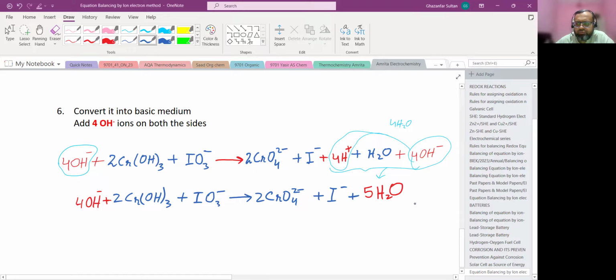So in this way, we have balanced this equation. And finally, you may show it by making a rectangle around it, or you may leave it as it is. But better to write here, balanced.